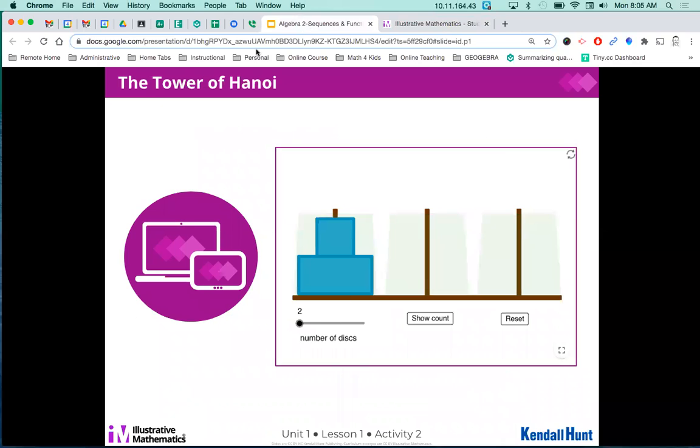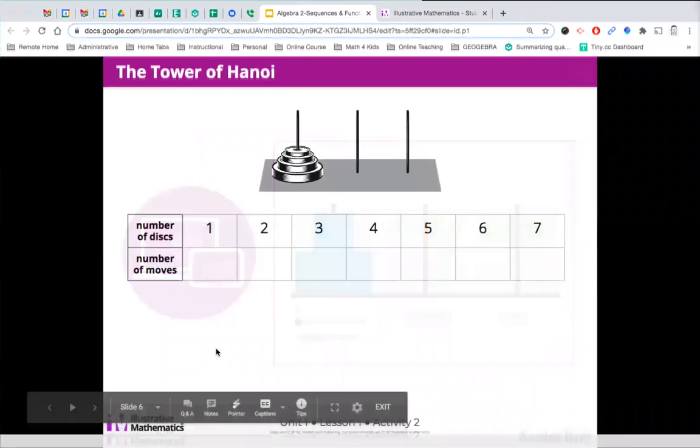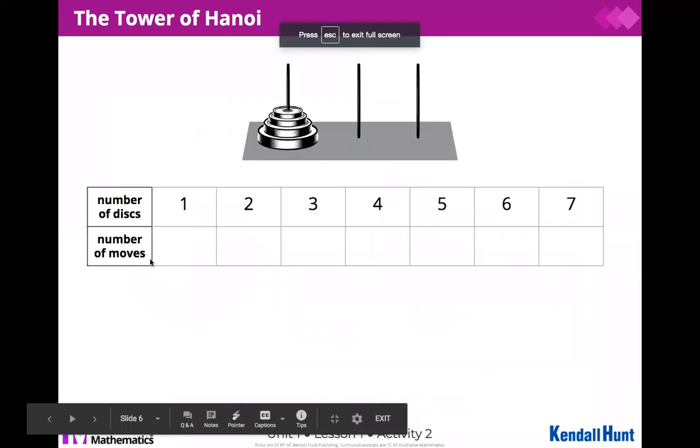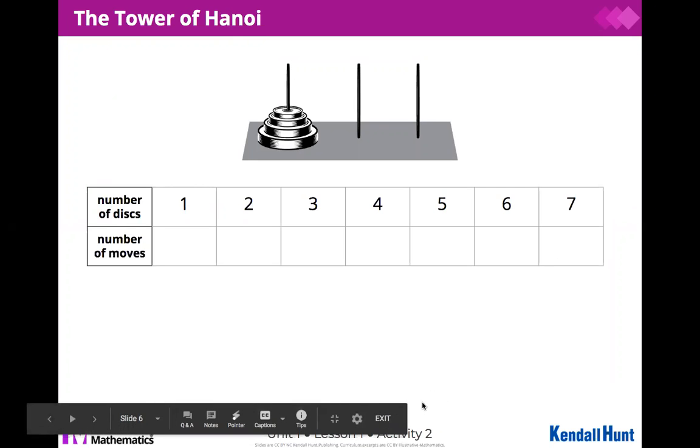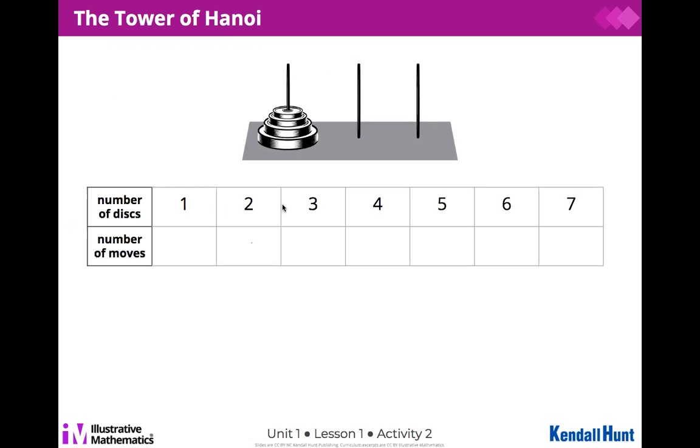Go back here. All right, so our goal here is we're trying to fill in all these different blocks here. Okay, now we did figure out that when we had 2, it took us 3.